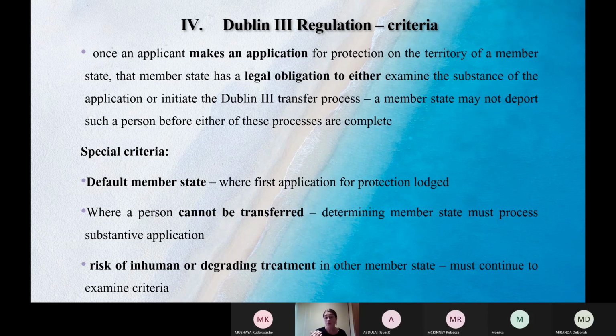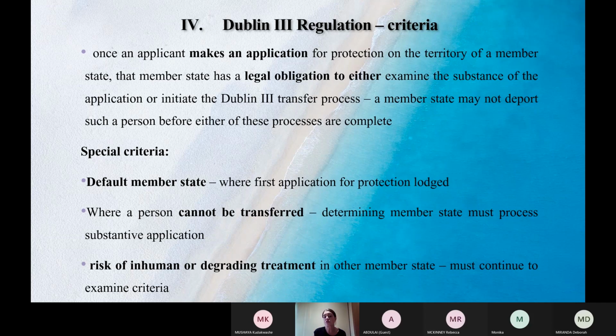Where a person for any number of reasons cannot be transferred, the determining member state must process. That would be Ireland in the event that the person is present in Ireland. So if they can't be transferred, Ireland needs to examine the full substance of their asylum application.